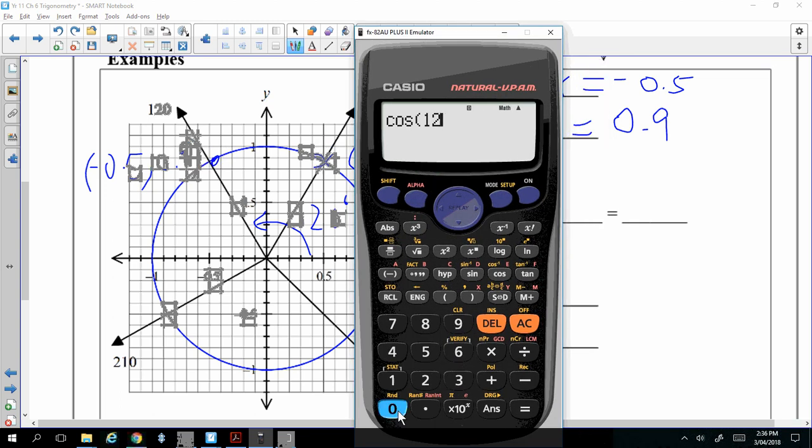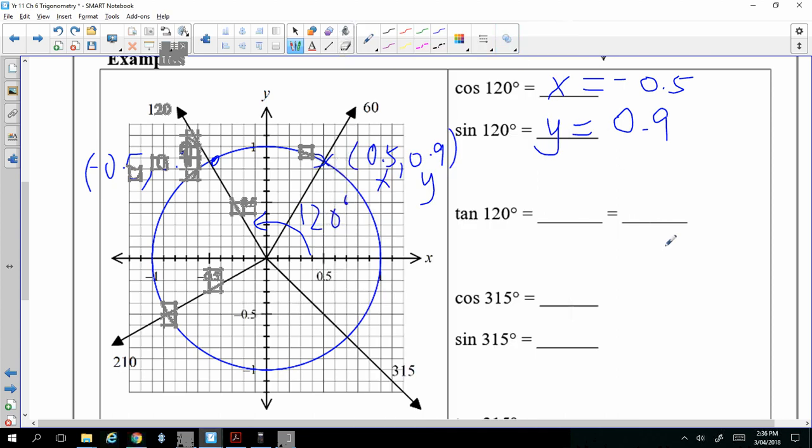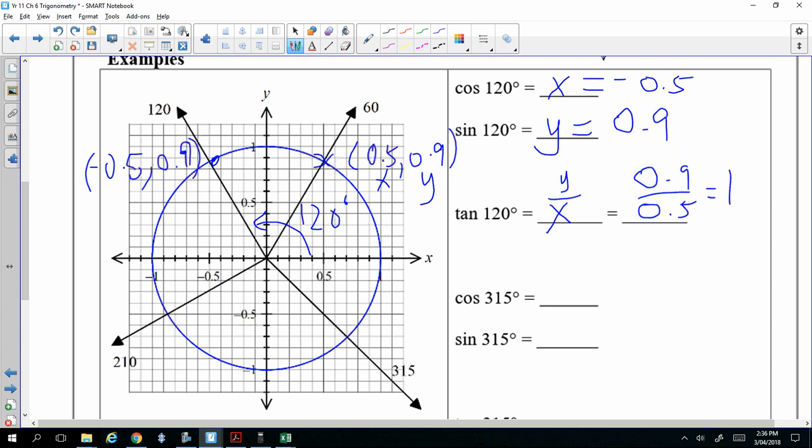And then tan 120 is Y over X. Y is 0.9 over 0.5, which is about 1.8. One of them is negative, so it'll be negative 1.8. Does it work? Tan 120. Yep. It's a little bit off because of the rounding error.